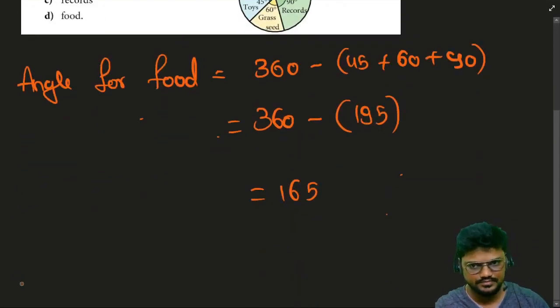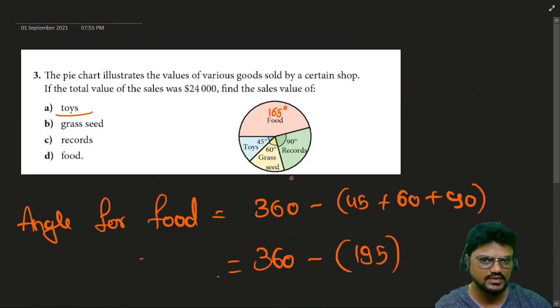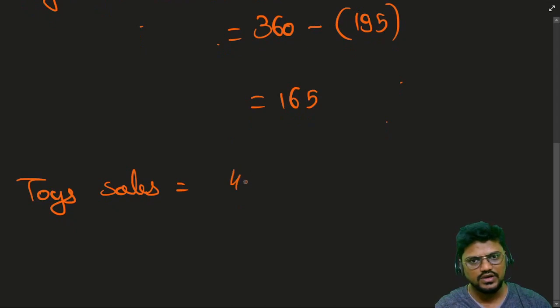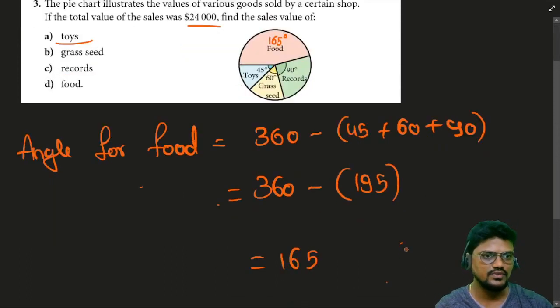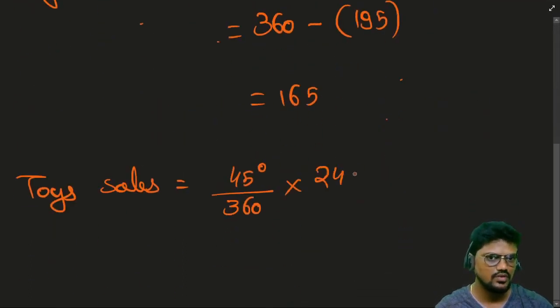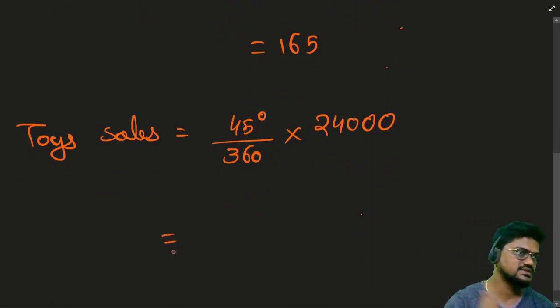Now to calculate toys sales, the degree is 45 out of 360 degrees, and just multiply with the total value, that is 24,000. If you multiply this, you will get the toy sales.